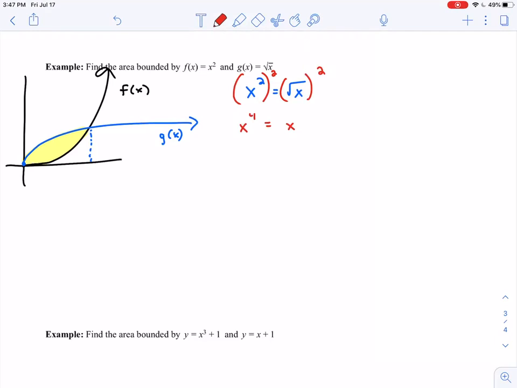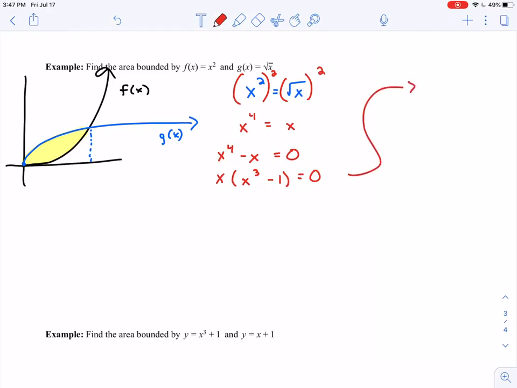So what I'm going to do instead is I'm going to set this equal to 0. So I'm going to subtract x from each side. It'll give me x to the fourth minus x is equal to 0. And now I see, hey, both terms on the left-hand side, those are factors of x. I can just take x out from each factor. That'll leave me with x cubed minus 1 is equal to 0.